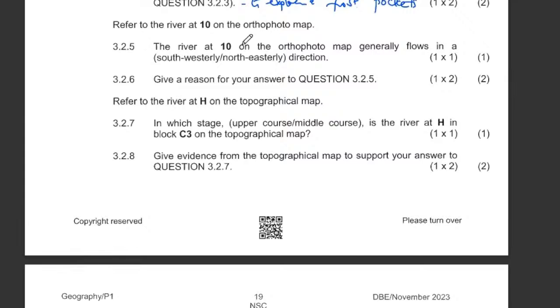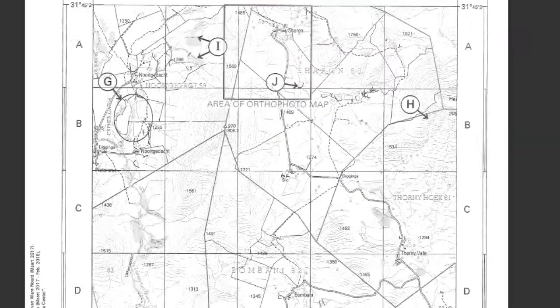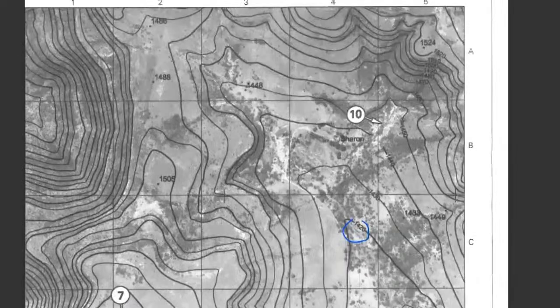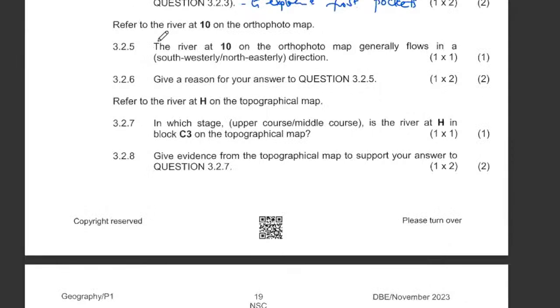Refer to river at 10 on the orthophoto map. We'll come to the orthophoto map. 10 is here. Okay. And this is a river here. First question is, the river at 10 on the map is generally flowing in which direction? Let's check.